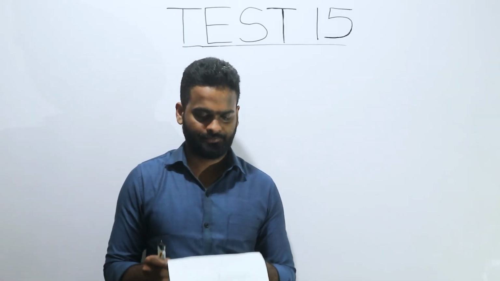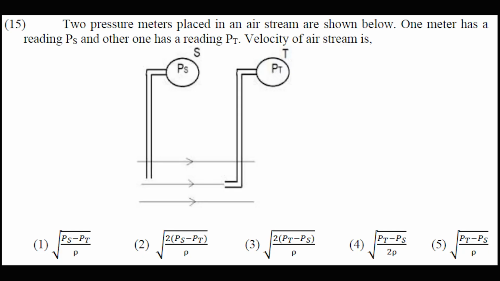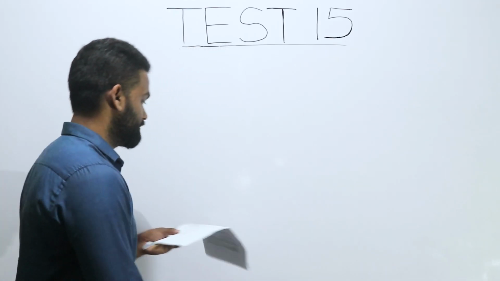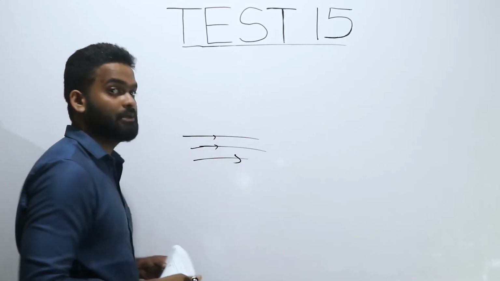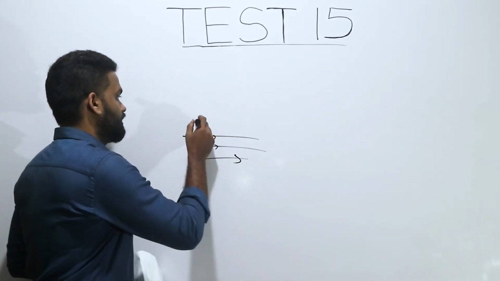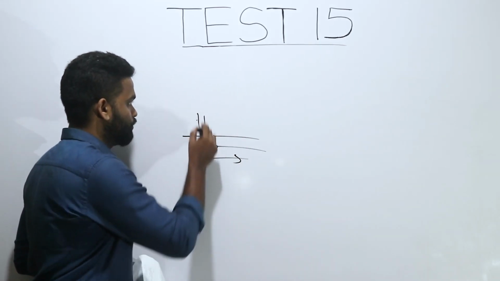15th. Two pressure meters in an air stream are shown below. One meter has a reading PS, another one PT. What is the velocity of the air stream? So we have this air stream. As you can see, this is hydrodynamics. Fluid is moving.